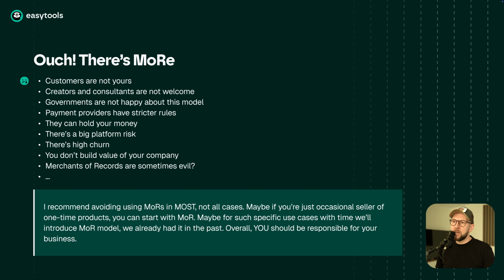Then payment providers have stricter rules for them. I discovered that for some platforms, the churn is bigger in the checkout, and the conversion rates are lower because there are stricter rules to accept those payments, since it's more like a risky business. And many times, even merchants of record themselves apply those stricter rules for payments to pass through because they are responsible for chargebacks, for all of the fraudulent cards and stuff like that.